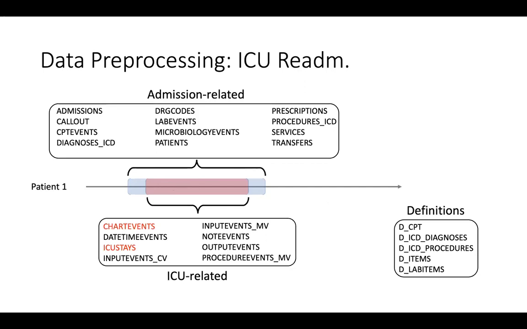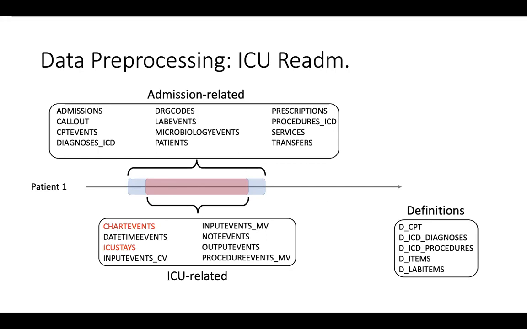So there were a lot of ICU level tables. There were 8 tables, but again, for the sake of simplicity, we're just going to use 2 tables and take a look at the examples.